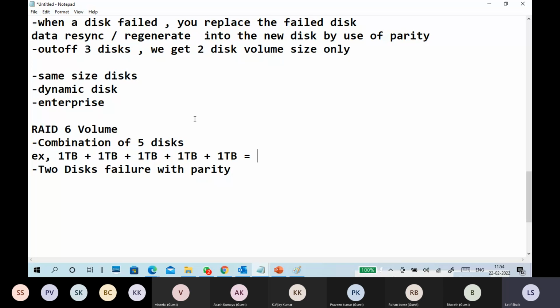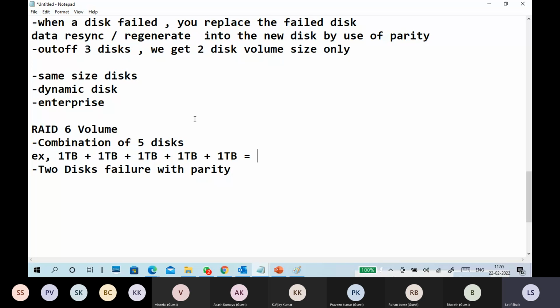So it depends upon the risk. We have to calculate the risk and use this kind of stuff.